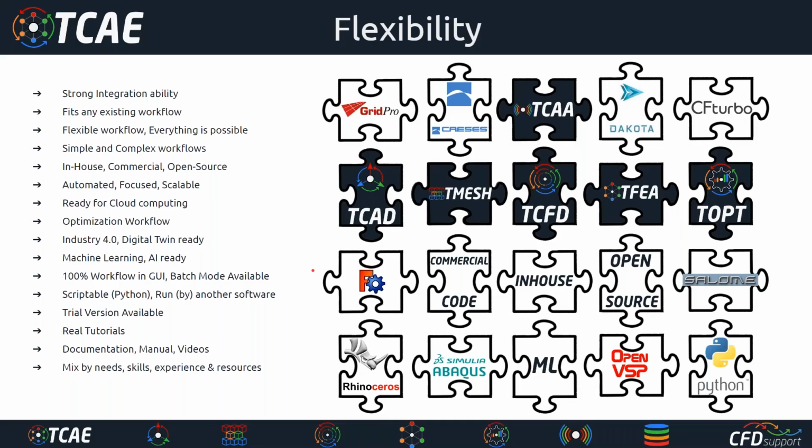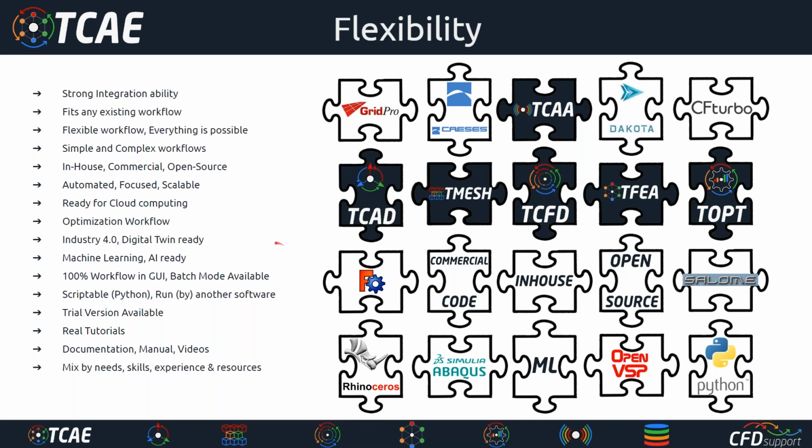There are a couple of principles we follow with TCAE. It's very important to us to follow these principles. So TCAE is flexible, so the users can play a puzzle: they can use the individual modules and connect them to other existing solutions like in-house codes, commercial codes, other open source codes. They can script it, they can use it in really multiple ways.